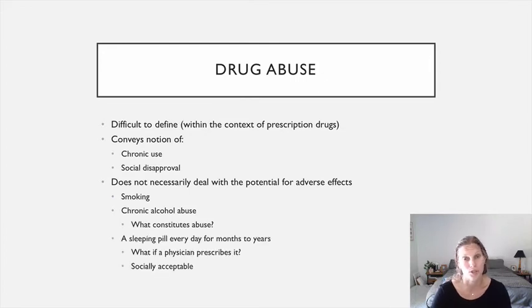When we apply this to prescription medication use, it gets even more muddy, because in all cases of controlled substances, the medication is prescribed by a physician for some sort of therapeutic use. A good example on the slide here is drugs used for insomnia, which is very common, and these drugs are prescribed in huge numbers.